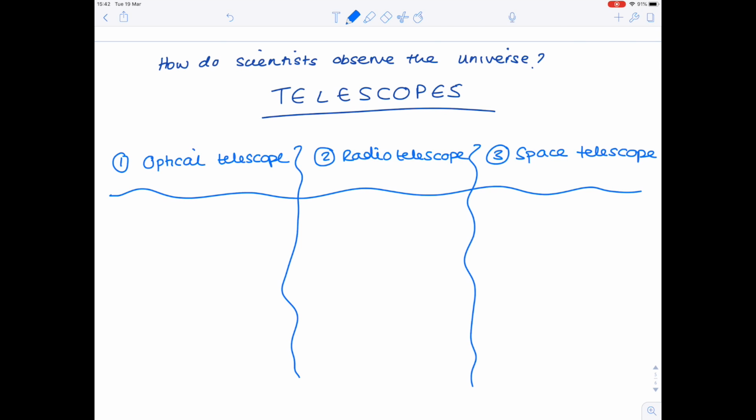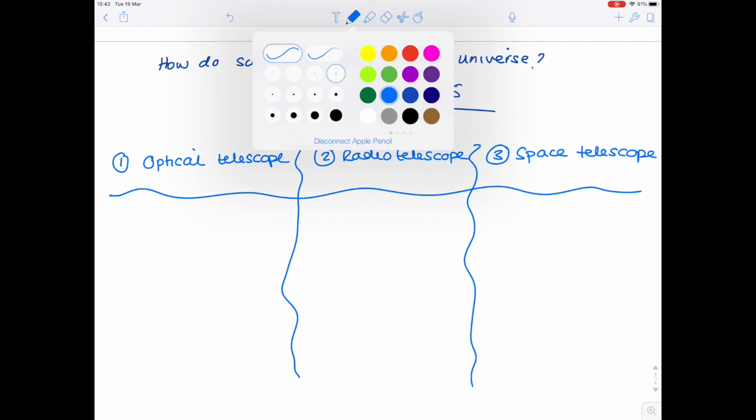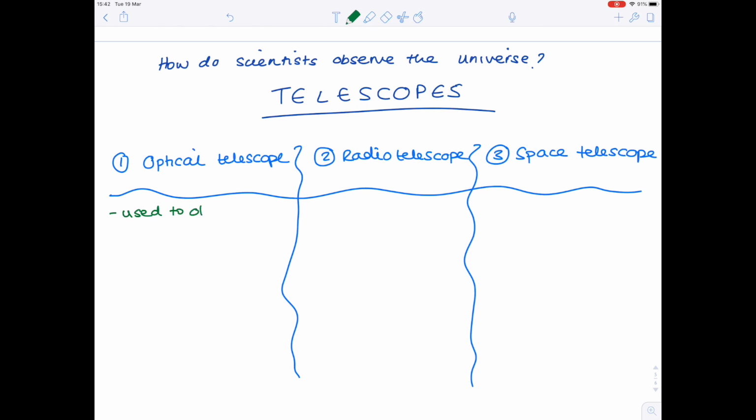So the optical telescope, to do with optics, so we're looking at light. It's used to observe visible light from space. They tend to be quite small, which enables everyday people like ourselves to observe the night sky relatively easily.